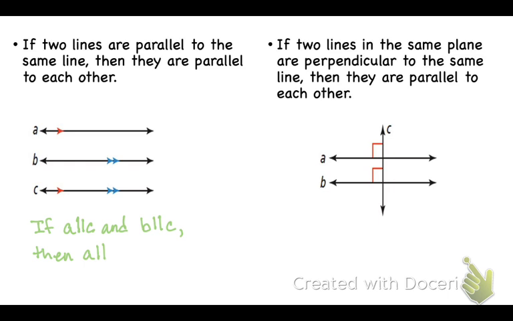And it says B and C. So A is parallel to B, because both A and B are parallel to line C, yes? So that means they have to be parallel to each other. This is the transitive property that we have in algebra.